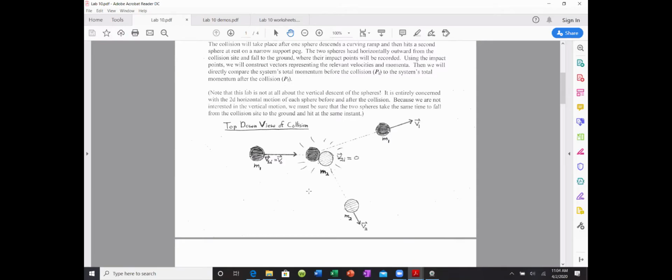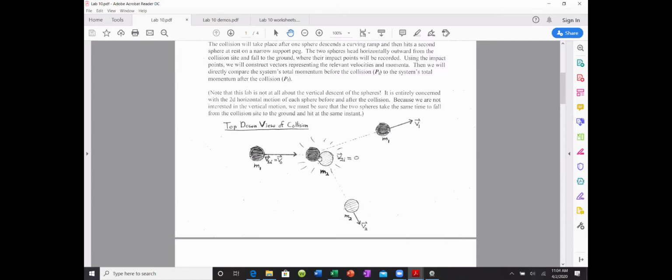And number 2 is kind of the target object. Number 2 begins at rest. It is just sitting there waiting for something to descend the ramp and collide with it. And you can kind of see in this sketch, it's not a head-on collision. So we get some lateral motion for both the darker M1 and the lighter M2.